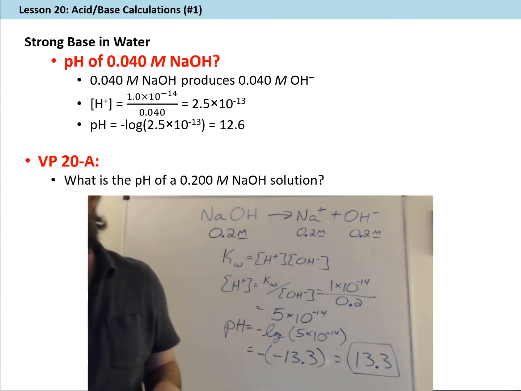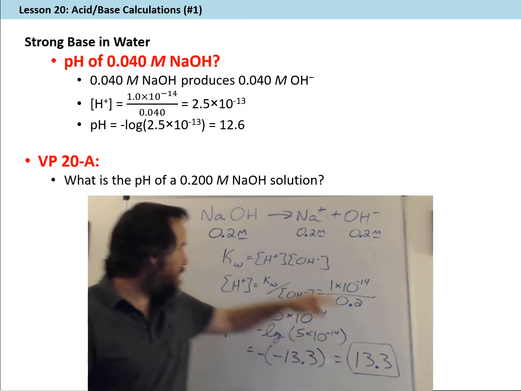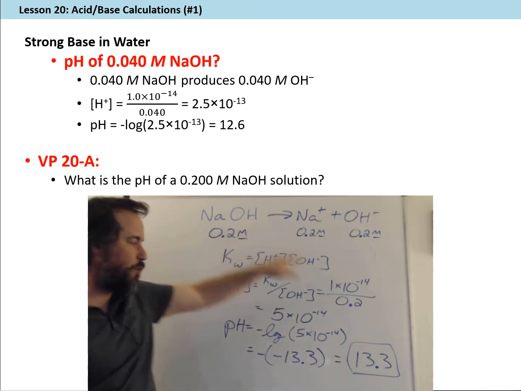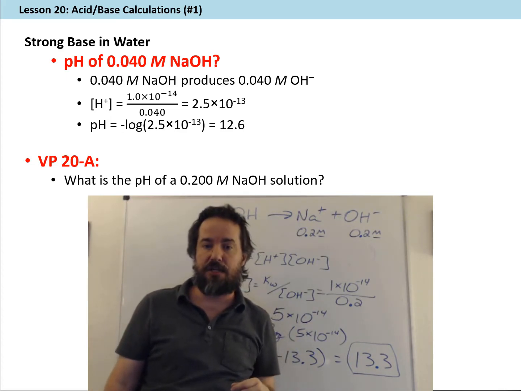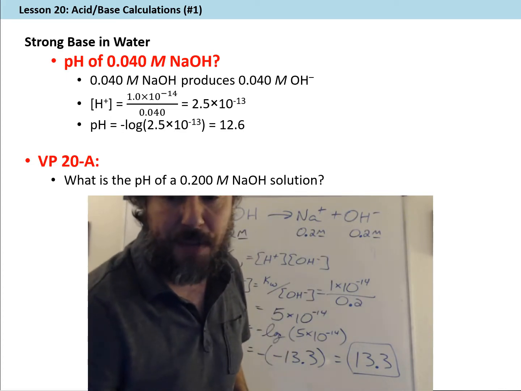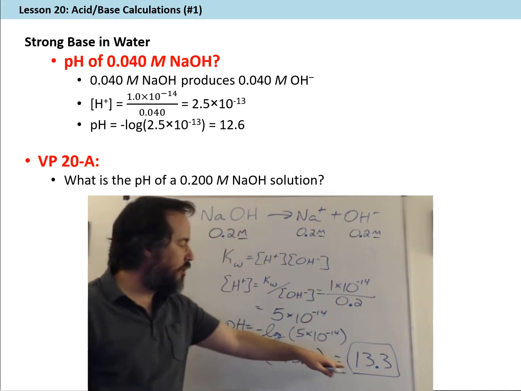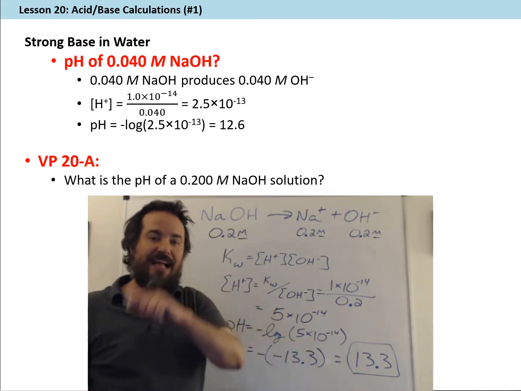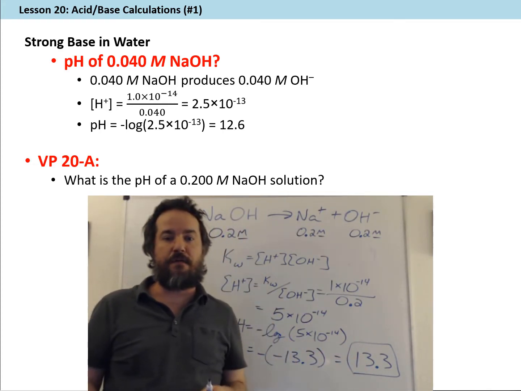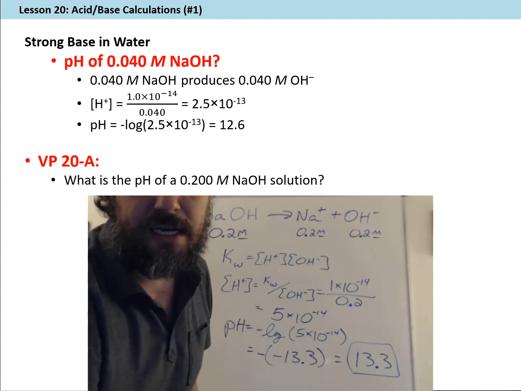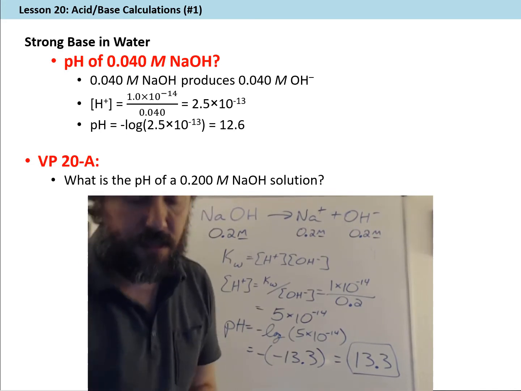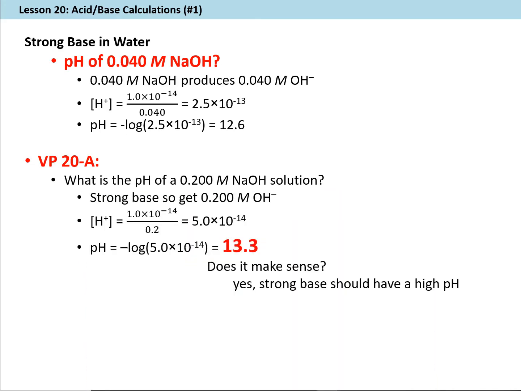Does this make sense? It makes sense because I have a base, I'm putting it in water, so it makes sense that I get something that has a basic pH. And if we compare it to what we did earlier, in class we had 0.04 molar NaOH, and that got us 12.6 for a pH, right?